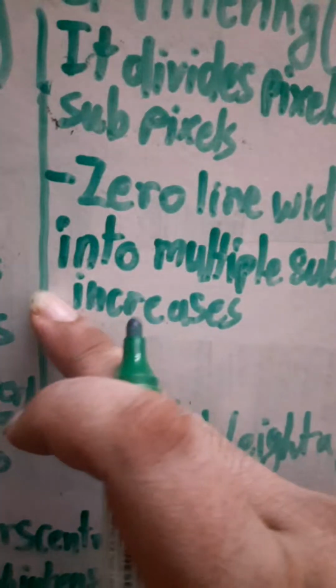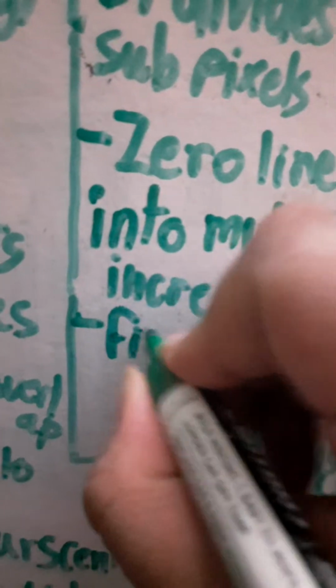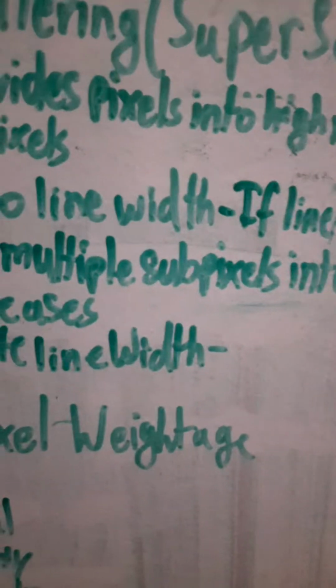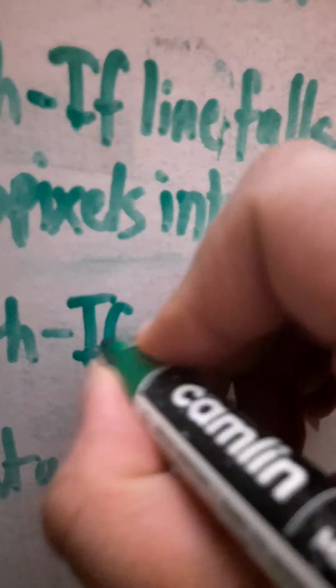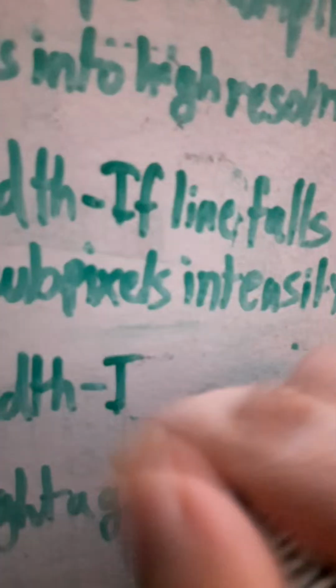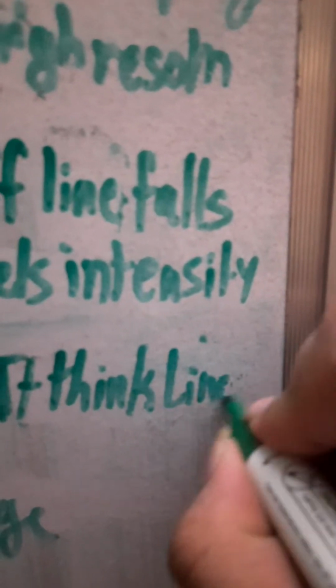Now what is the finite line width? Finite line width means it thinks of the line as a thick bar.